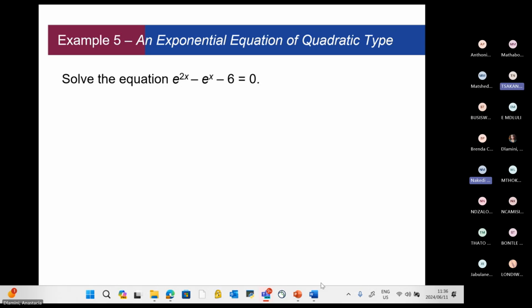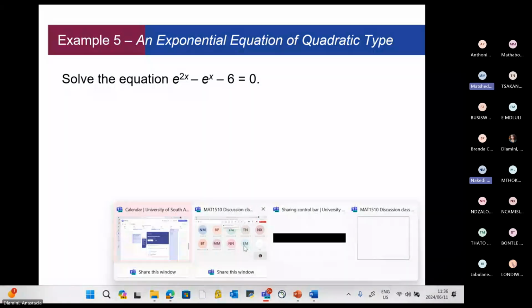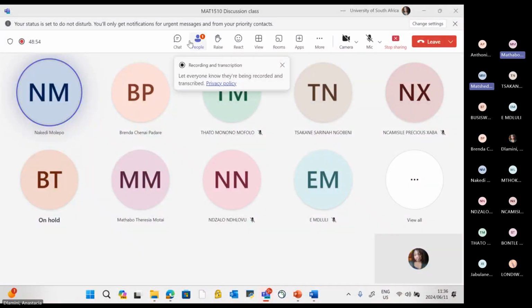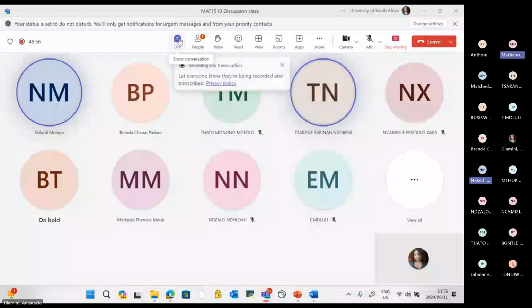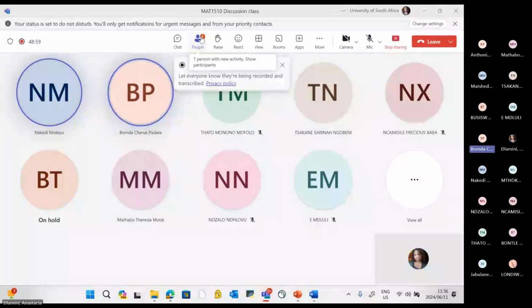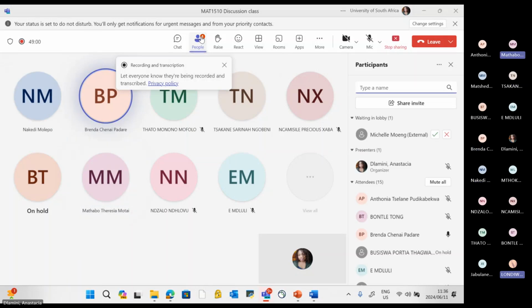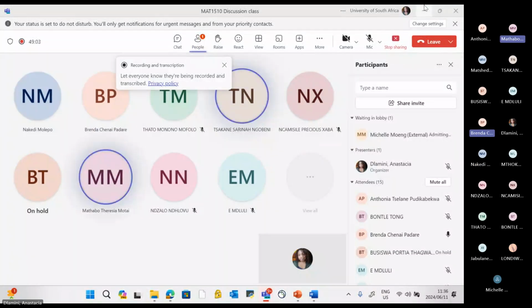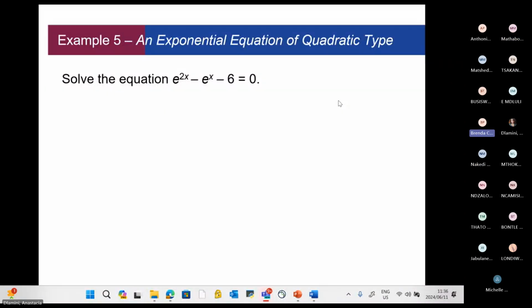Guys, actually we have a minus sign in the middle. Let's do it step by step, guys. Someone was saying let's put 2x ln e. Yes, let's start from there.